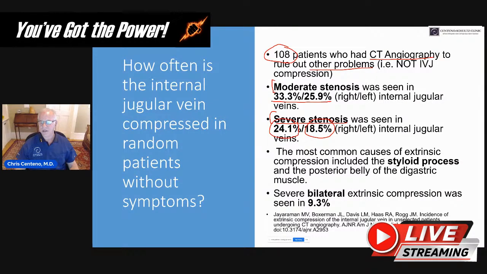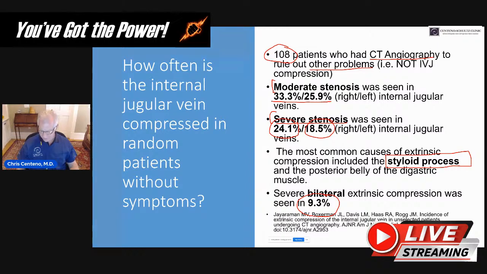The most common area of compression was the styloid process. That's interesting because that's what we're taking out right now. And severe bilateral compression was seen in 1 in 10. So again, a pretty high number of people had severe bilateral compression and no symptoms of intracranial hypertension.